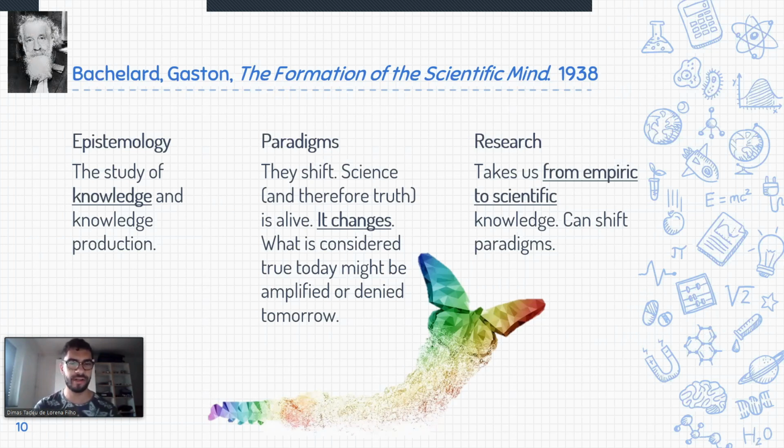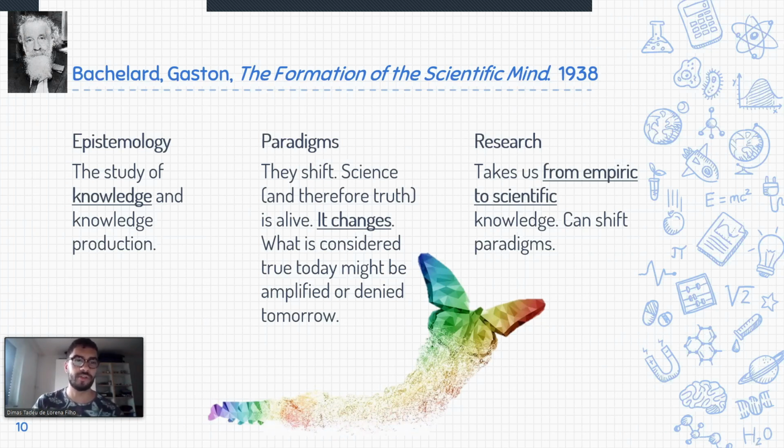And this is the first important thing for us to understand, because sometimes when we were in the reading groups, I saw a lot of people bringing questions like, but wait, is it like this or is it like that? It's confusing. And sometimes the problem is in science, it can be both, because science and therefore the truth is alive. It changes. It's exactly like the butterfly thing.